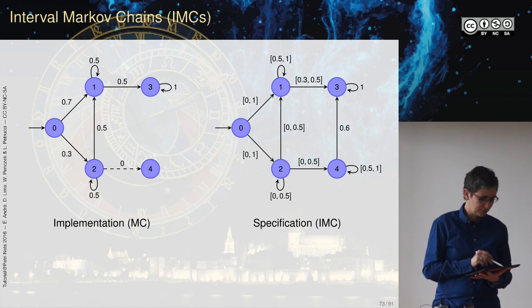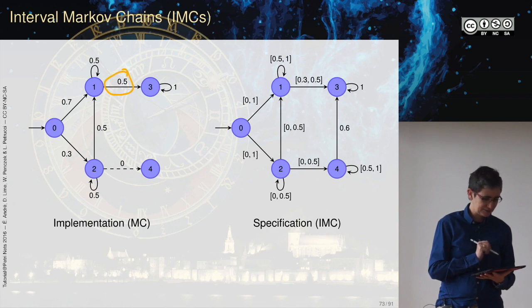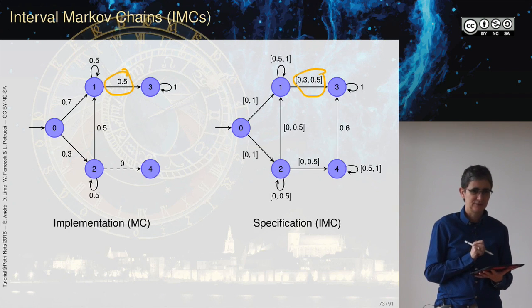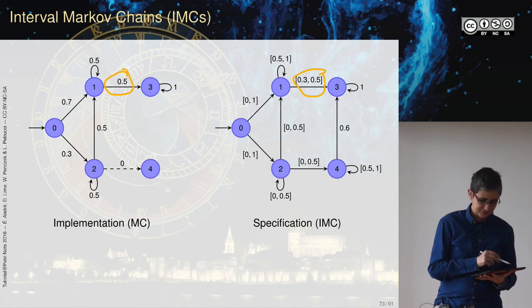Indeed, if you look at the values on the arcs, here you have 0.5, here you have 0.5, which is in the interval 0.3, 0.5, and so on.